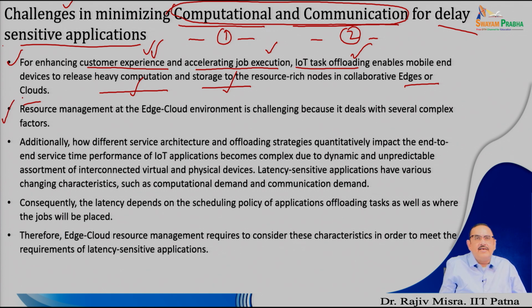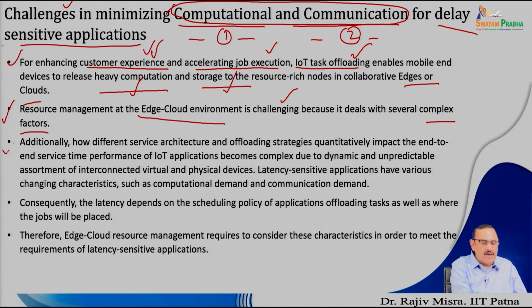The second important thing is the resource management in this environment, which is called the cooperative edge cloud environment. So, this resource management often becomes challenging because it deals with several complex factors. We are going to see what those complex factors are, and why it is not that easy.